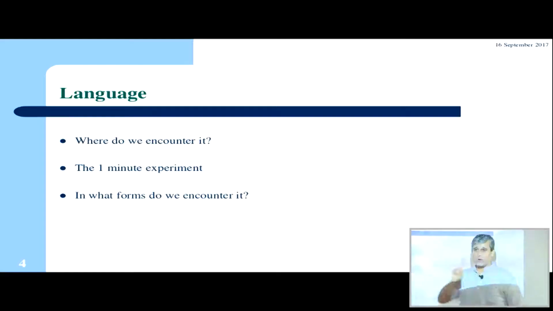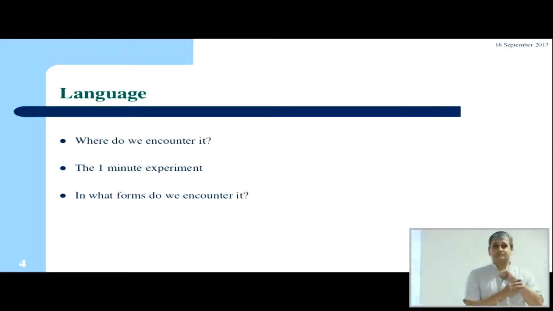Yeah. So, where do you encounter language? When you are talking to somebody, that person is speaking. So, using language, you get to hear it, you process it, and so on. Okay. So, let us try this 1 minute experiment.